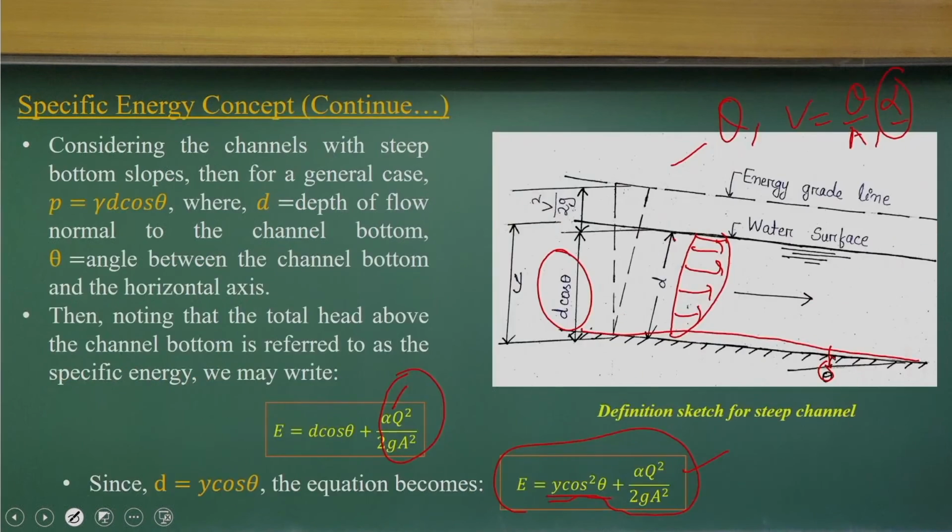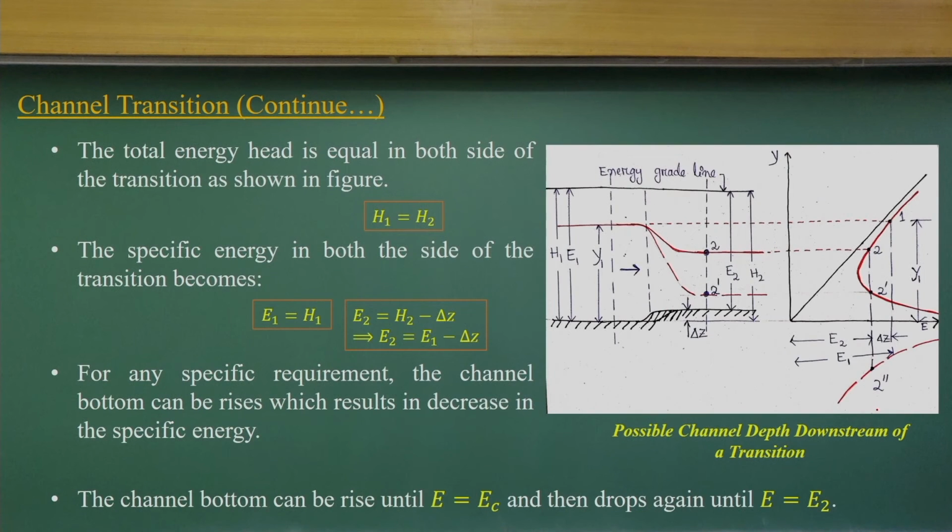If you look at it, as we have considered, there are no energy losses, so the energy gradient line can be like this. So, H1 is equal to H2.